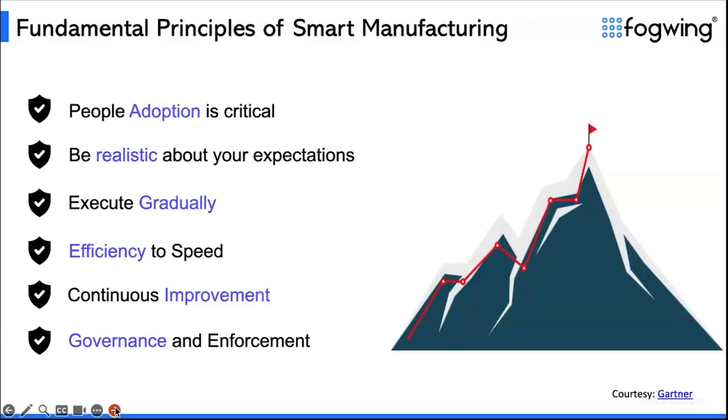But in a practical case, these expectations are good to have, but we should set a realistic expectation at the initial stage of smart manufacturing. It won't come on day one. When you deploy the technology, the results will not come on day one. The results will come over a period, as the practice improves the efficiency of the shop floor. It takes time to realize the bigger value.